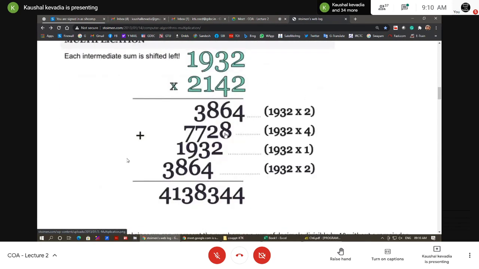Let's check how we do the multiplication for decimal numbers.